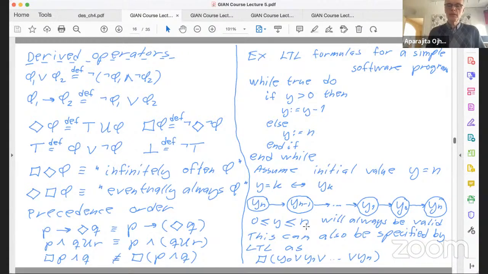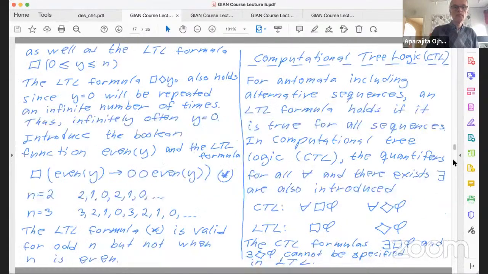This can be specified in LTL as always square y0 or y1 or up till yn. But it could also be written as always y is in the interval from 0 to n. This is a safety specification, which is quite easy to see must always be true.